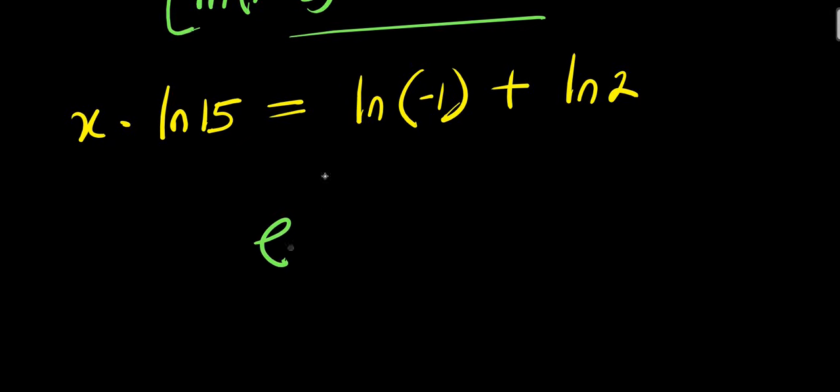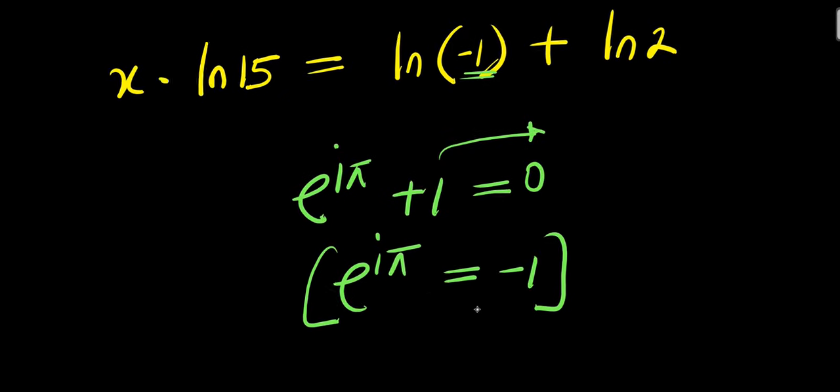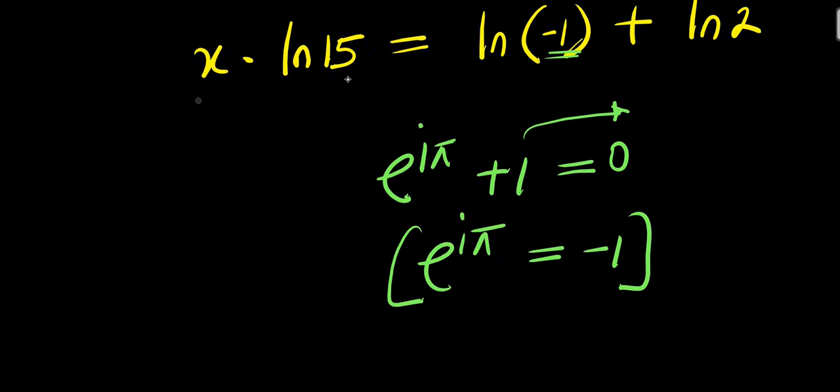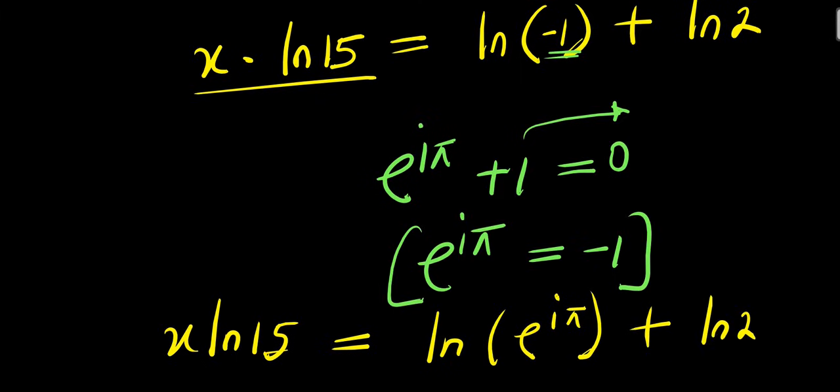If you have e to the power of i times pi plus 1 equals 0, pushing this over here, we have e to the power of i times pi equals negative 1. So let's replace negative 1 with e power i times pi. That means we have x times natural log 15 equals natural log of e to the power of i times pi plus natural log 2.